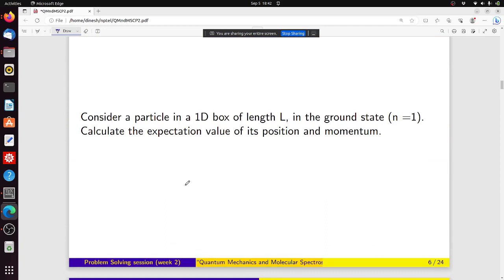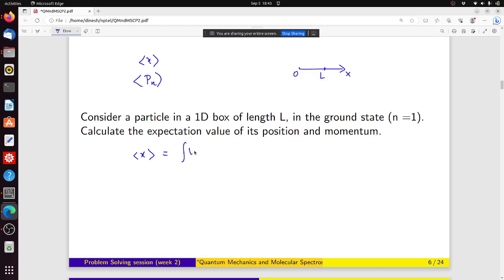Okay, consider a particle in a 1D box of length L and it's in the ground state. Calculate the expectation value of position and momentum. I already explained how to calculate the expectation value. So you have to calculate the expectation value of x and the expectation value of px. Let's assume it's in the x direction, this 1D box from 0 to L. So how do you calculate?